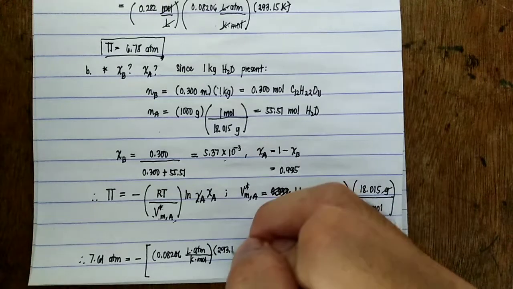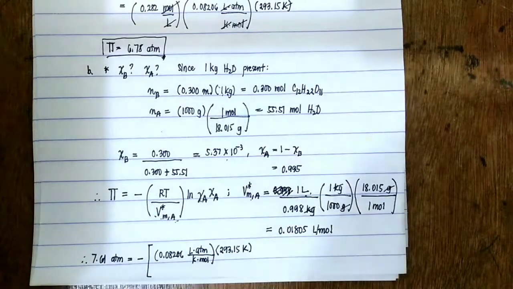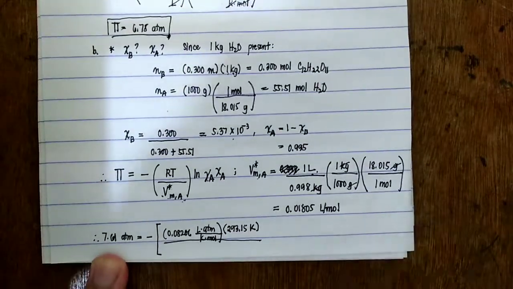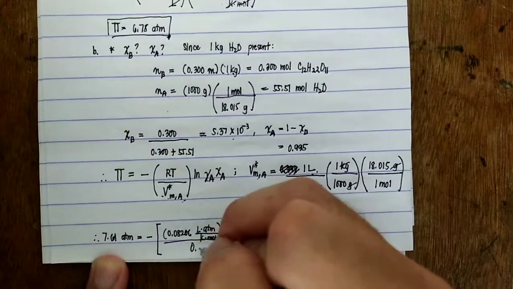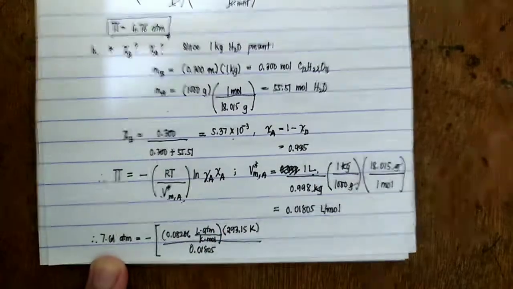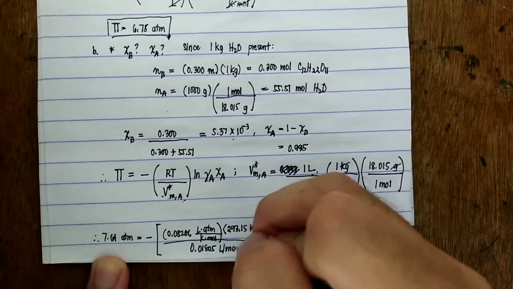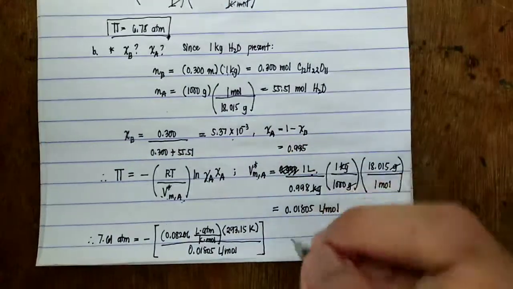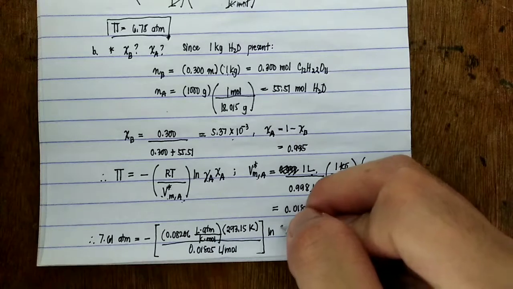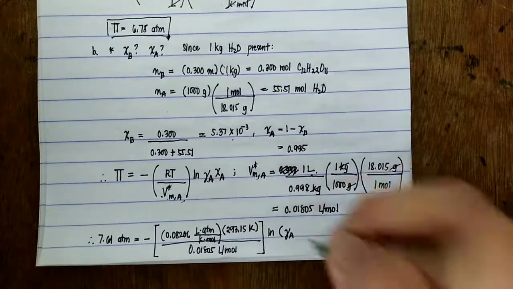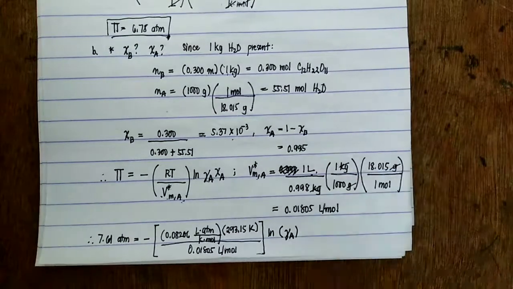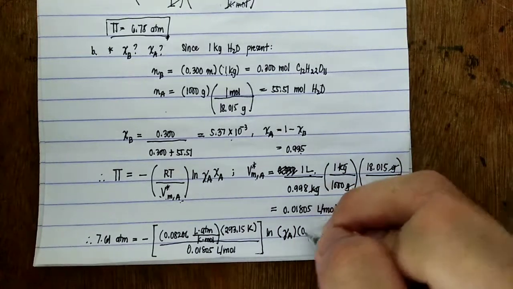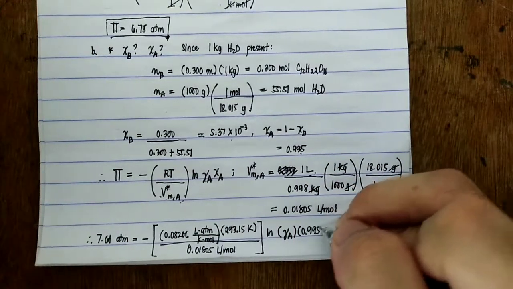That's 293.15 Kelvin all over the molar volume of pure water, which is 0.01805 liter per mole, times the natural logarithm of our activity coefficient, gamma A, times the mole fraction of the water, which is 0.995.